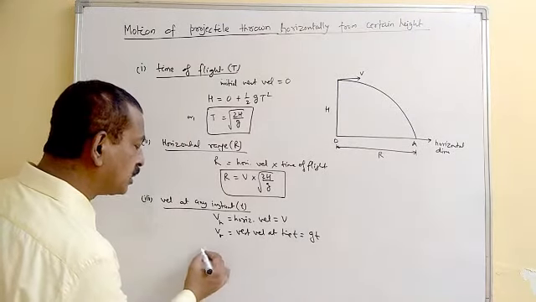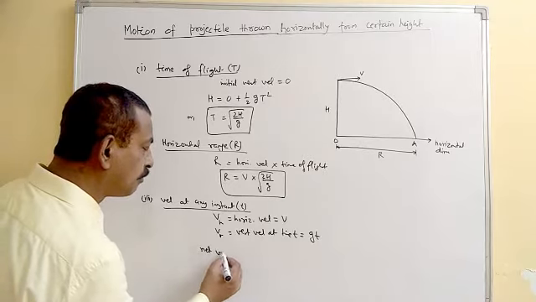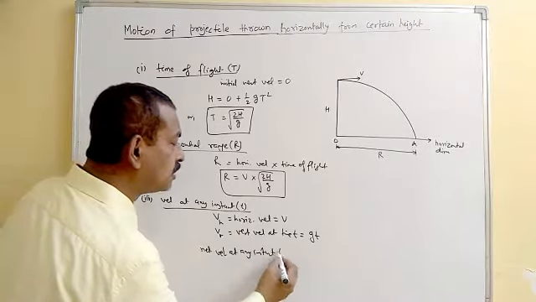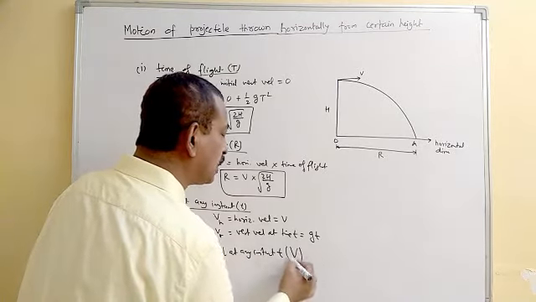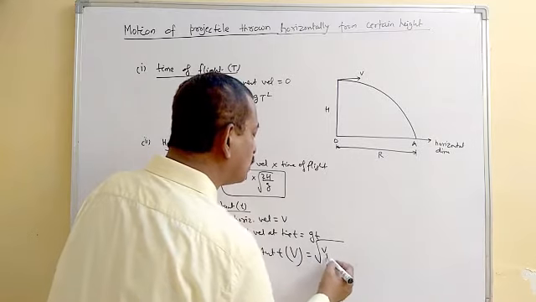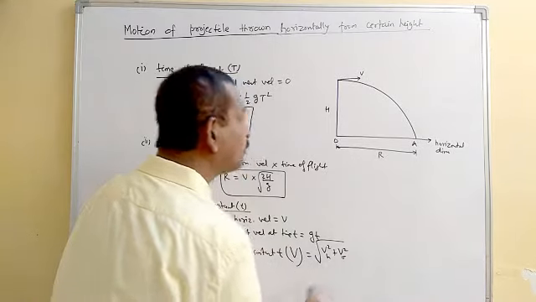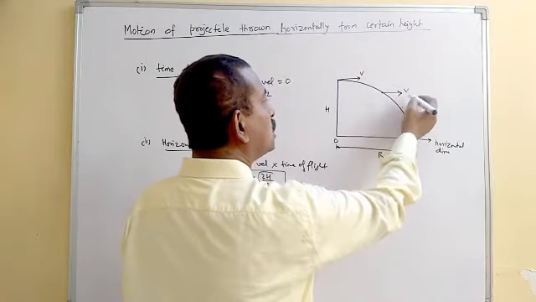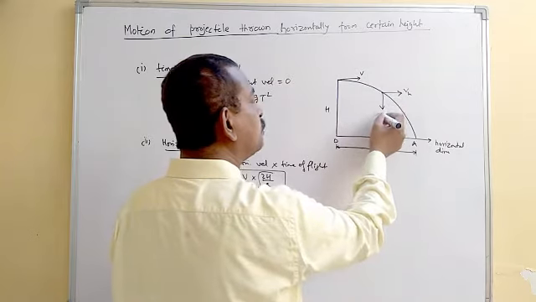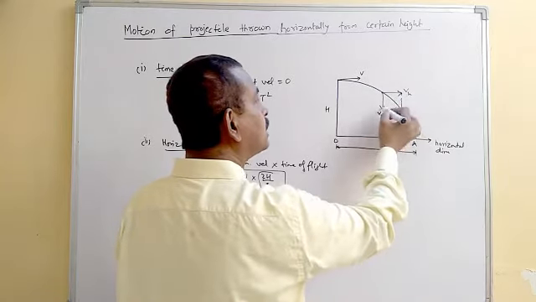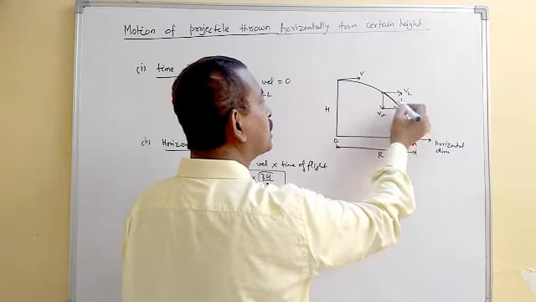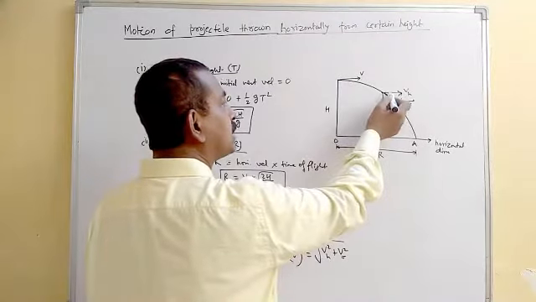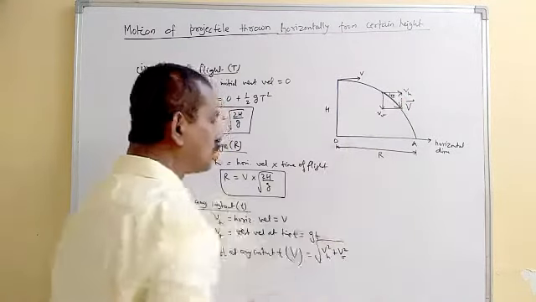Therefore, the net or resultant velocity at any instant t, that we are representing by capital V, will be the square root of vh square plus vv square. Here, you can assume it has a horizontal velocity v, vh is in this direction, vv is in this direction, and its resultant will be somewhere in this direction, that is capital V. If I assume that it is at an angle theta, we can find the expression for that also.